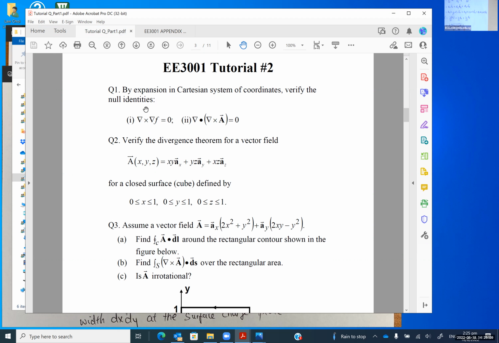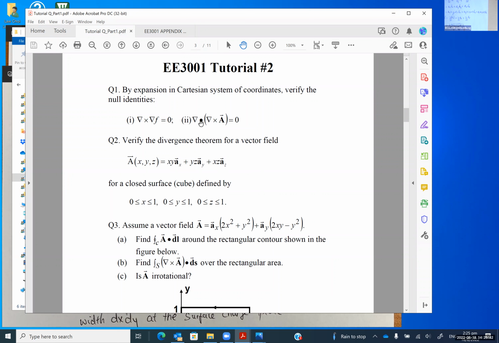Then what do you do with gradient f? Express it in some generic ax, ay, az components, and then start manipulating and show that it's equal to 0. You have to think carefully when you do that. So that's the first part.